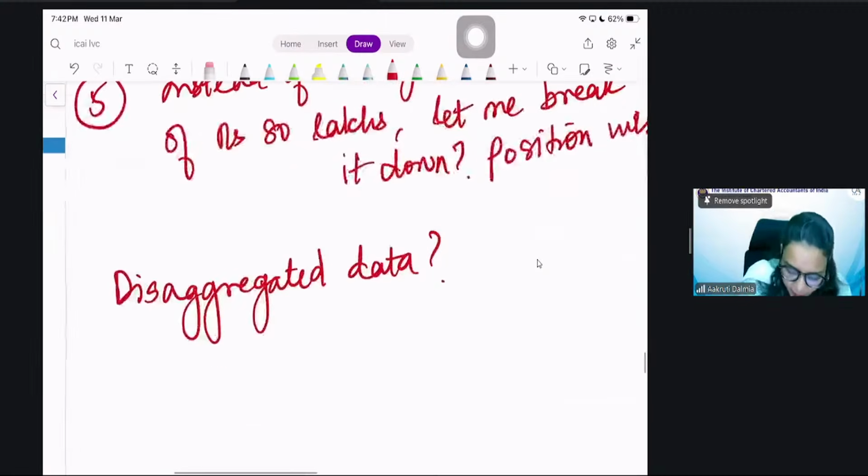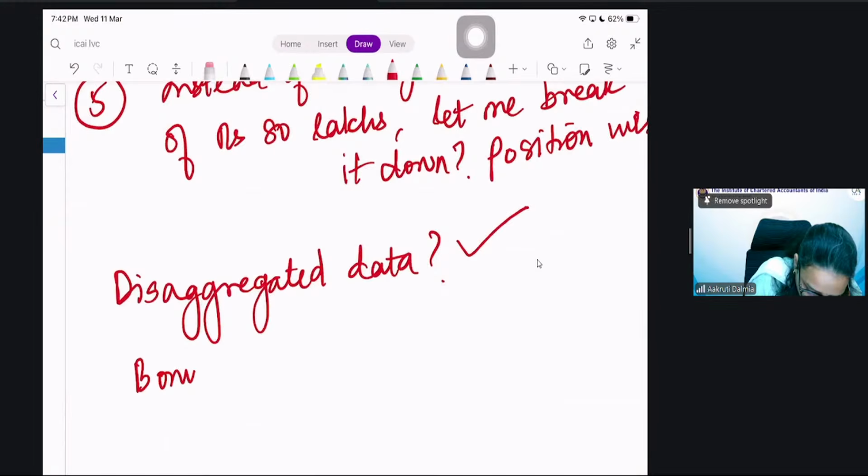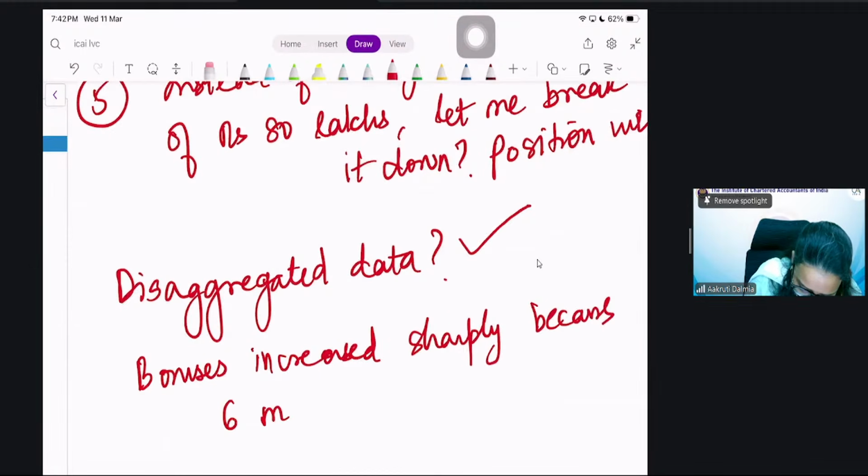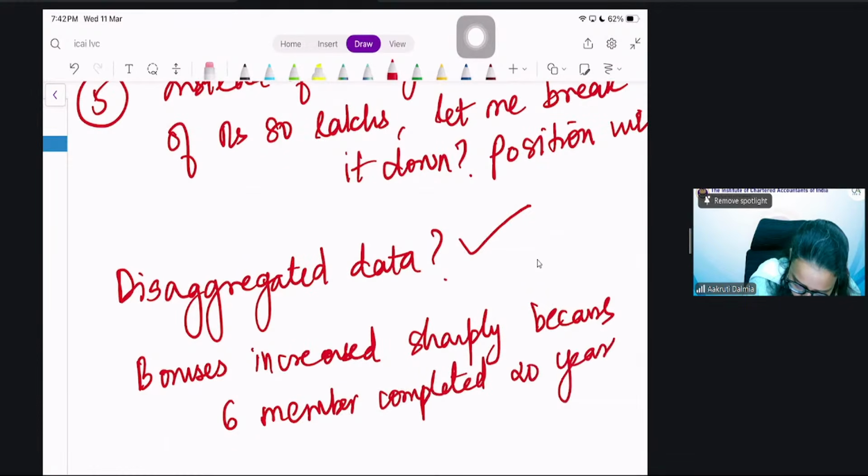So let's say I have checked disaggregated data and I notice bonuses increased sharply because 6 members completed 20 years in the company.